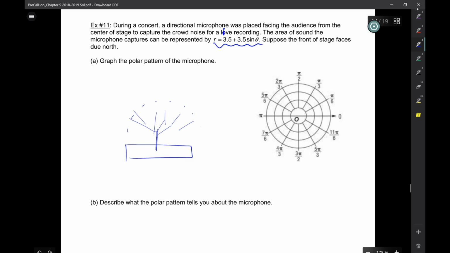What kind of curve is this? It's a cardioid. Is that right? It's a plus b sine theta, and when a and b are the same, it's a cardioid.